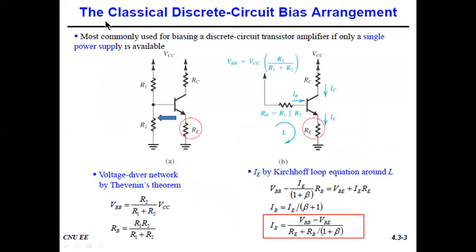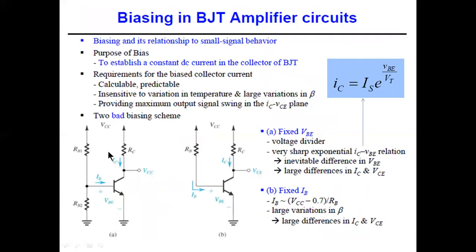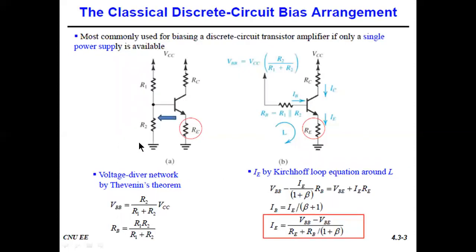One of the techniques is the classical discrete circuit bias arrangement, where the RE resistance is introduced compared to the figure over here. We are introducing RE over here. Now we'll try to find the Thevenin's equivalent voltage for this potential divider network looking in this direction.